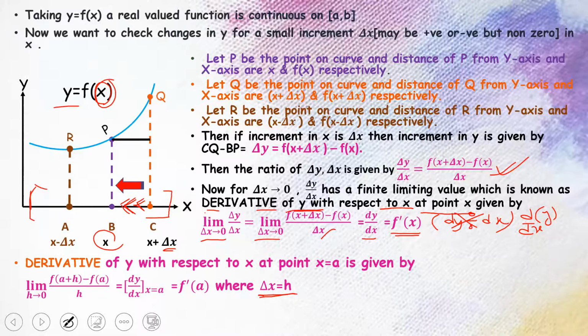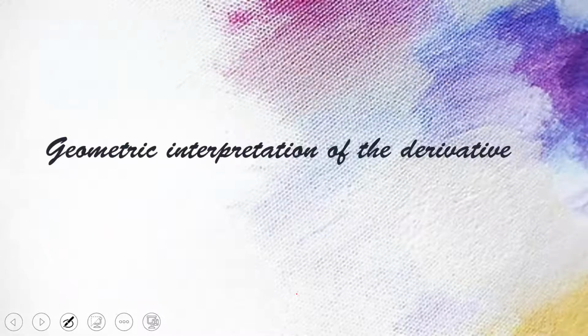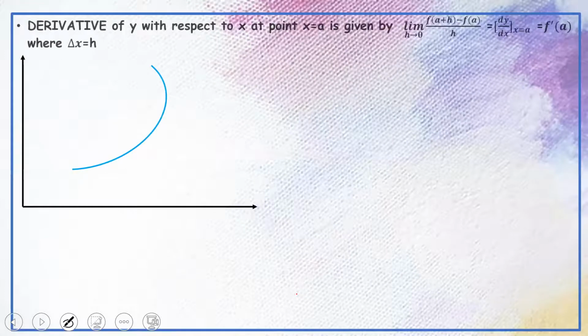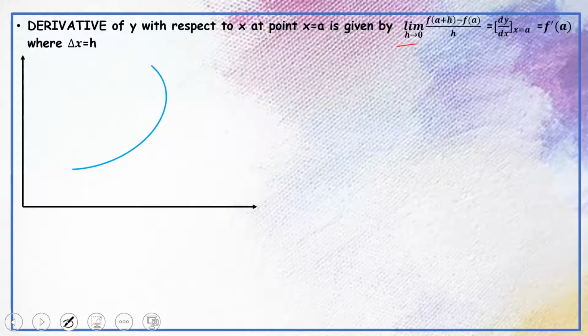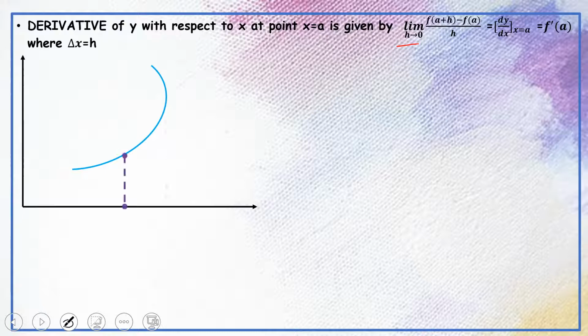Now let's check what we mean by derivative geometrically. Now I have the definition of derivative at a point x equals a. Here it is, the limiting value, limit h tends to 0, f of (a plus h) minus f(a), divided by h, where P and Q are points on the curve and the distance between these two points is h.